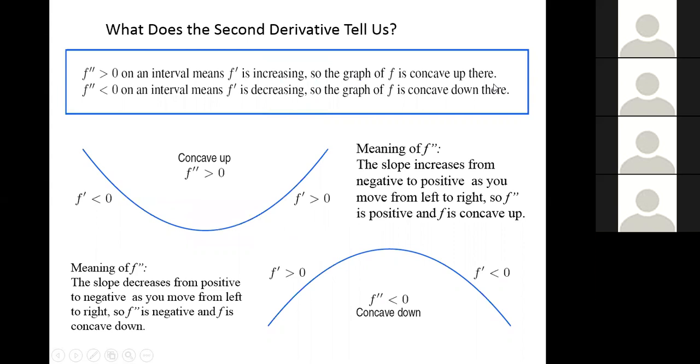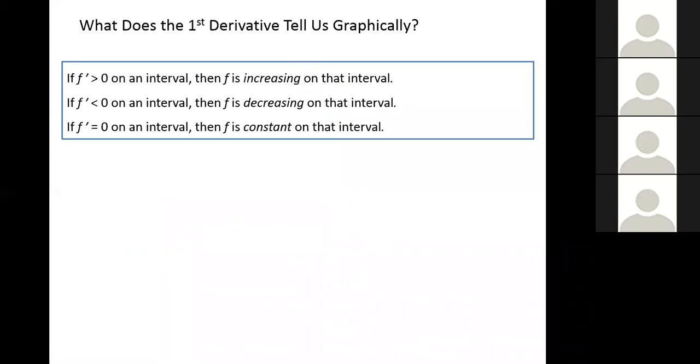Okay, that means this is section 2.4, the second derivative. What does the second derivative tell us? We will talk about concavity there. We definitely know that if the function is increasing, let's look at this one because this is from last week, if it's about the first derivative, if the function is increasing, then we say that the first derivative is positive.